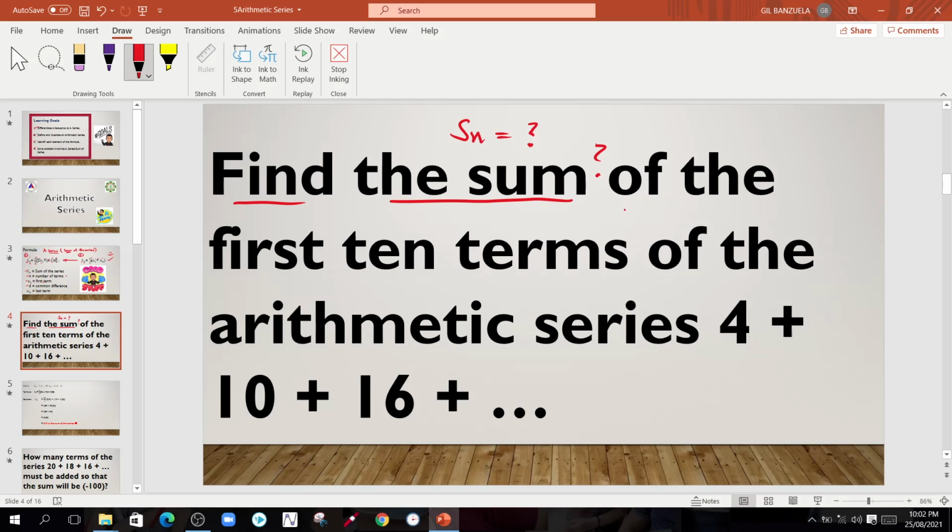So, find the sum of the first 10 terms. Nagbigay ng number of terms, di ba? How many terms do we have? We have 10 terms. So, therefore, our n is equal to 10. Mismong dun pa lang sa problem, guys, kung napapansin niyo yung ginagawa ni Sir Hill, sinusulatan na natin ng mga mathematical symbols, di ba?